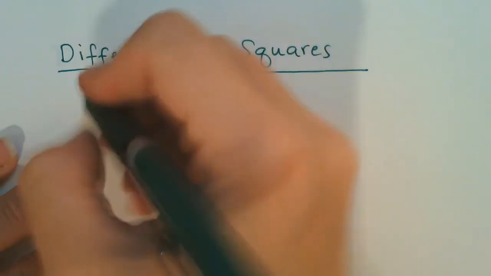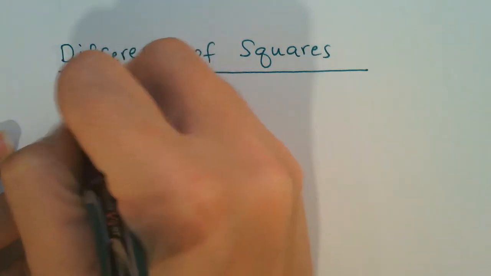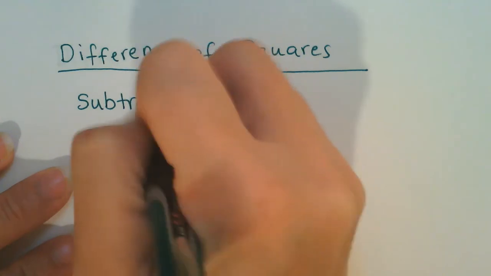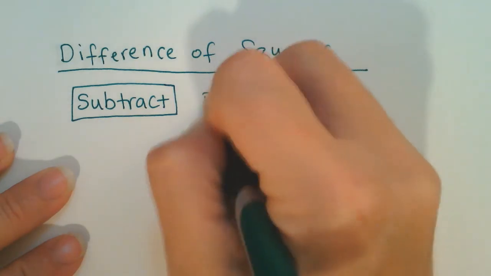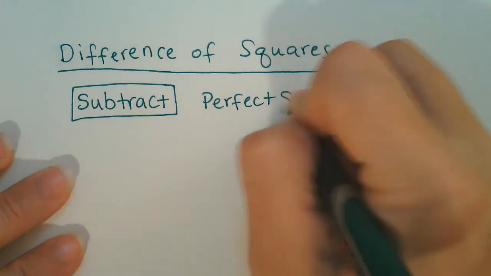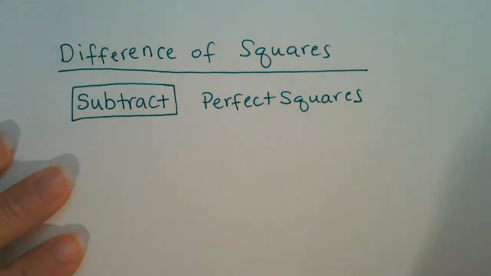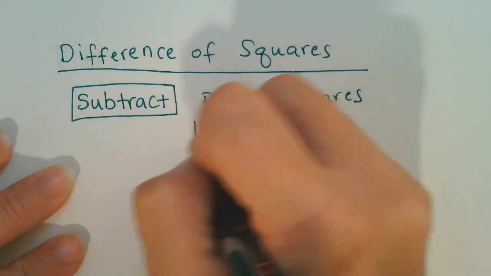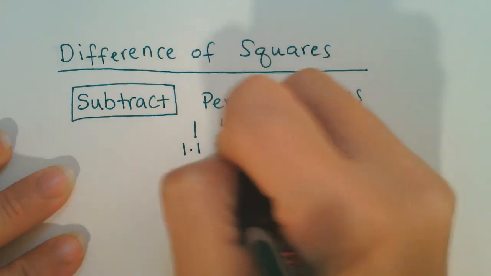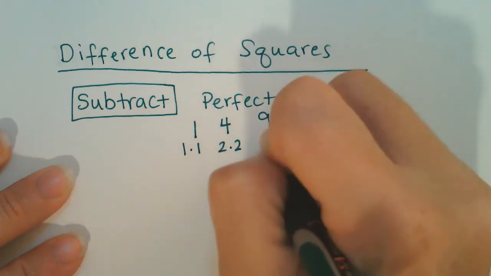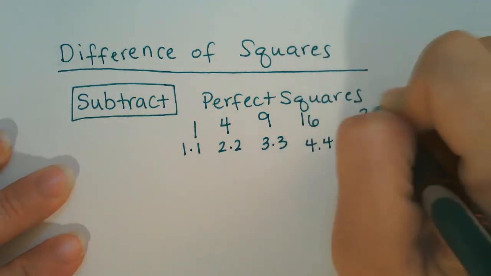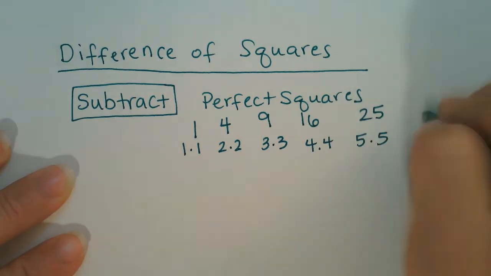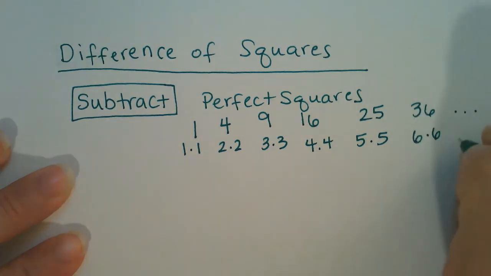So difference of squares means that we have a subtraction and then perfect squares, like 1 is a perfect square because it's 1 times 1. 4, 2 times 2. 9, 3 times 3. 16, 4 times 4. 25, 5 times 5. 36, 6 times 6. And the list would keep going and going.